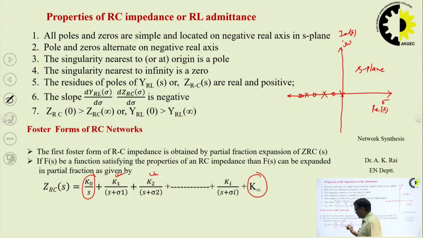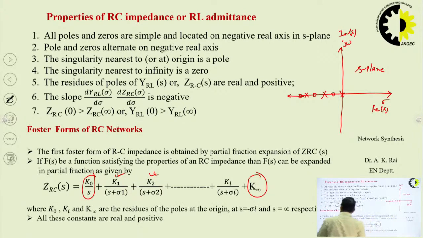So this term will come depending on how many poles the given function has on the negative real axis. Where K0, Ki and K infinity are the residues of the pole at the origin, at sigma i, and at infinity respectively. All these constants are real and positive. This we can see from property number 5.